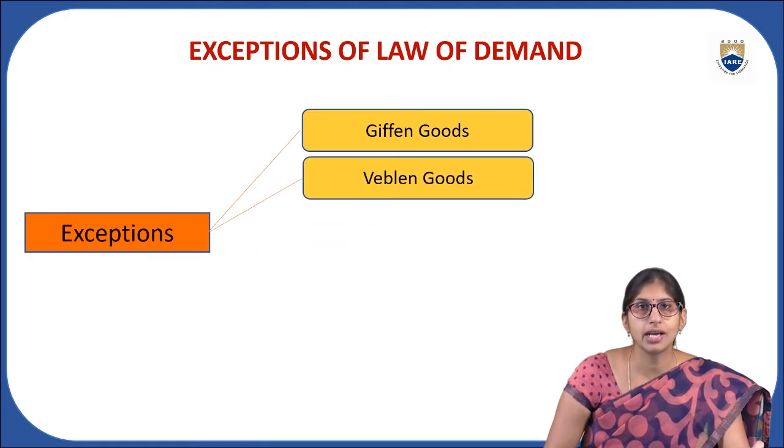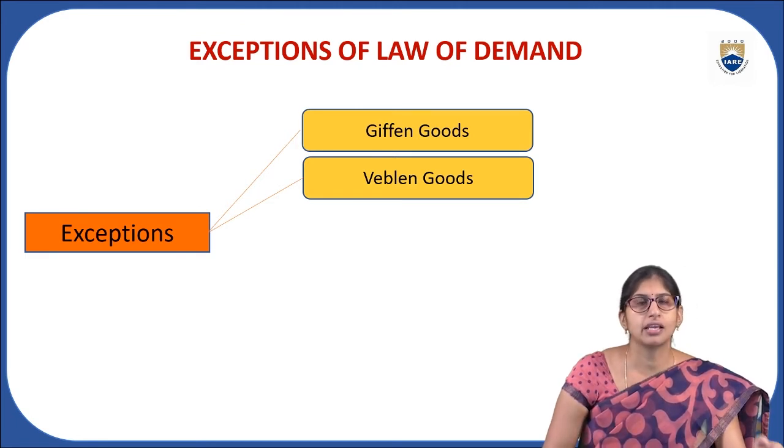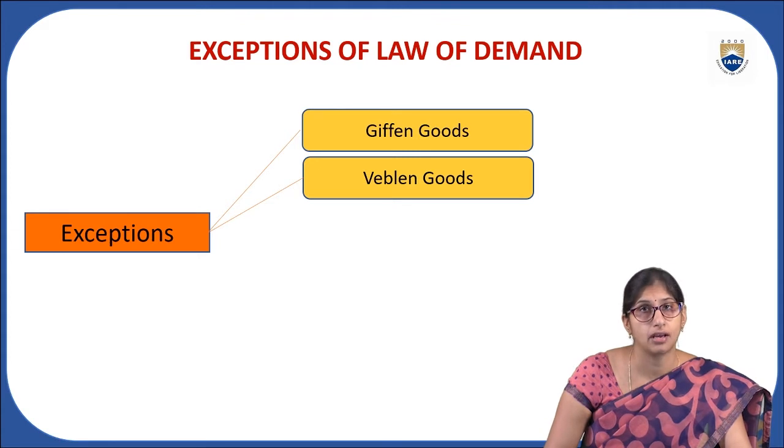So now coming to the next exception, that is Veblen goods. What are Veblen goods? We also call them prestigious goods. Prestigious goods are for people who are earning a large amount of money. They are really rich.